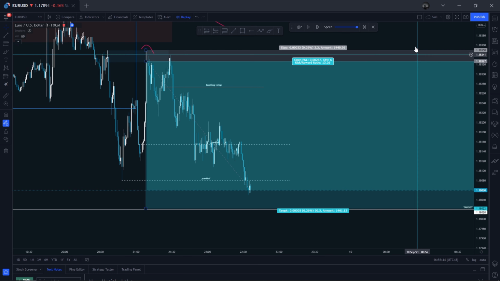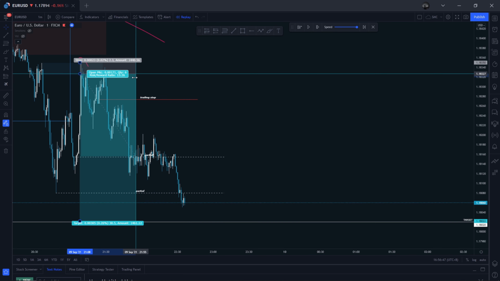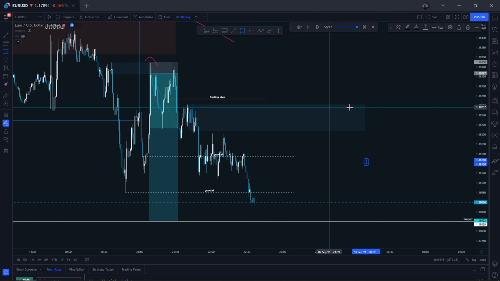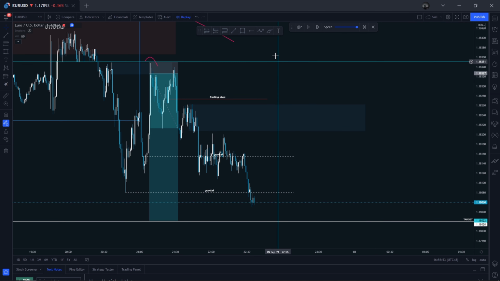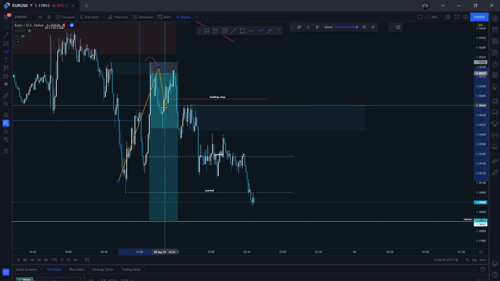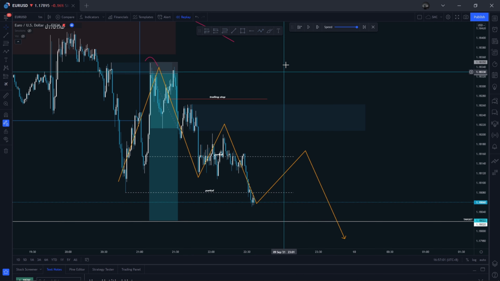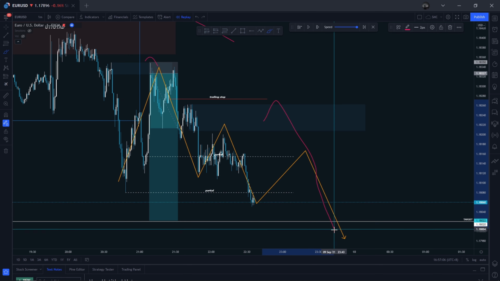Why did I move that to that point? Let me explain. Because if you can see, we have an OB. So basically, again with the structure, price could break this low, price could continue doing this. So price could either touch this OB or do a liquidity grab, then go lower.